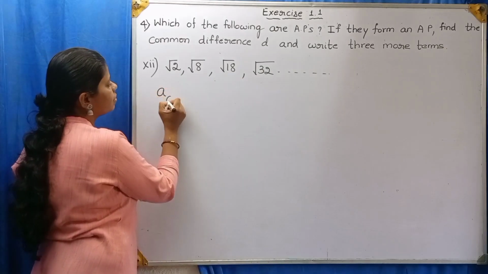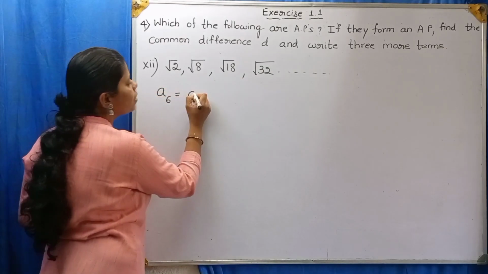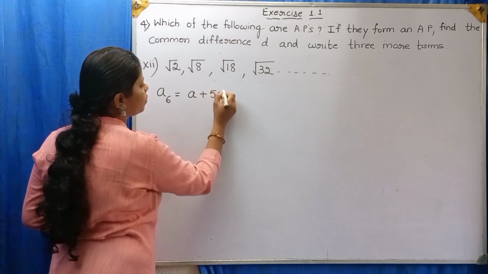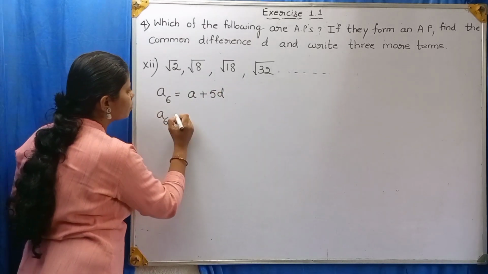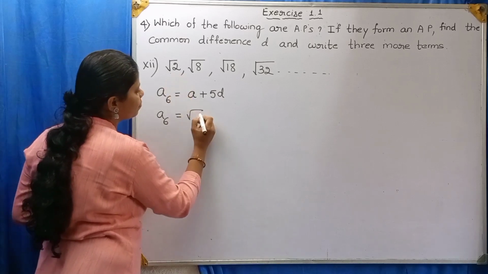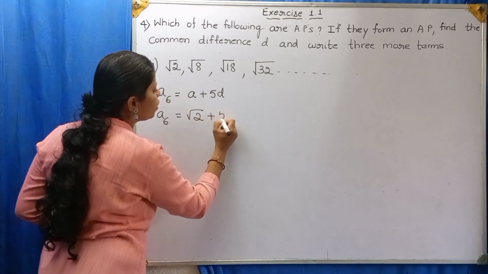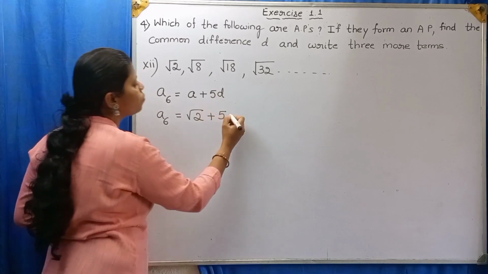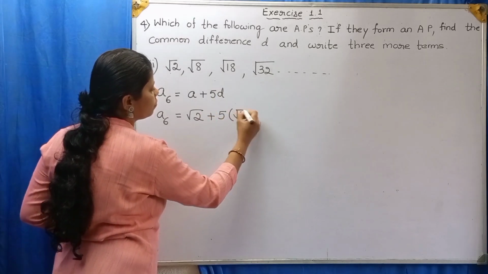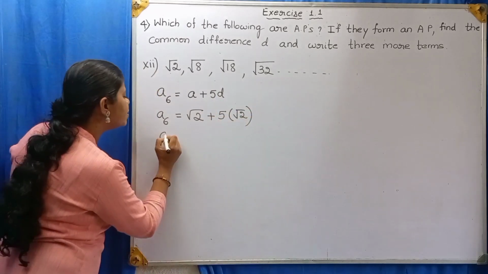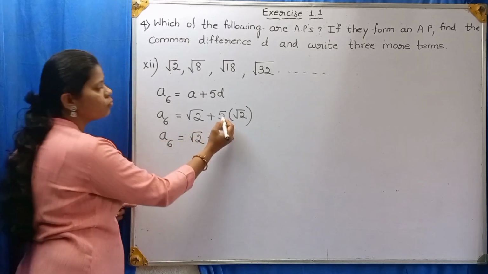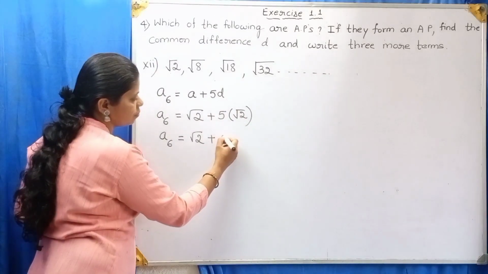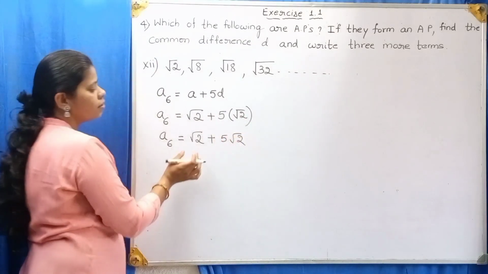Now a6. a6 is equal to a plus 5d. We know that a is what? Root 2, right? Plus 5. d is what? Root 2. Now a6 is equal to root 2 plus 5 into root 2. Now look at this.